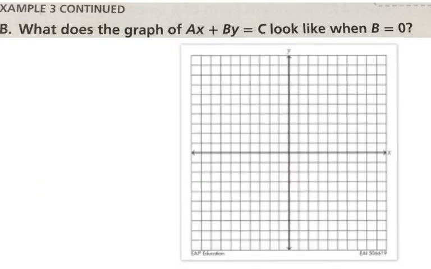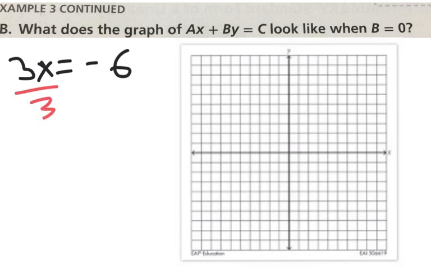This one says, what does the graph of ax plus by equals c look like if b was equal to 0? So they give me the equation. They tell me to graph 3x equals negative 6. Well, same thing, we can solve for x. So x equals negative 2.